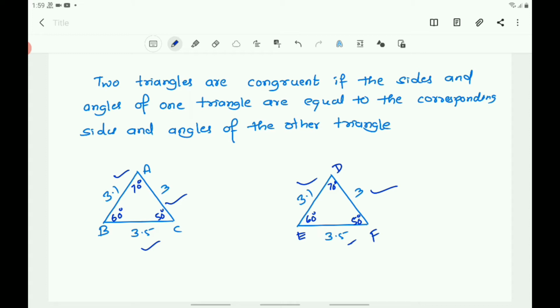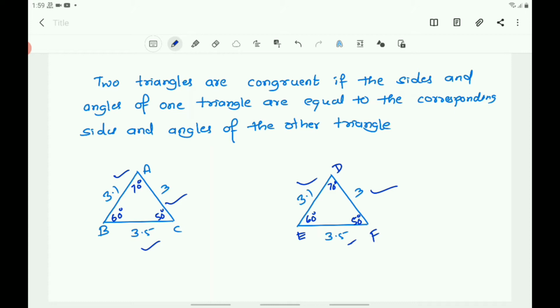Then if you place triangle DEF on triangle ABC, or triangle ABC on triangle DEF, they coincide with one another, means they completely cover. AB, DE is one pair of corresponding parts, BC and EF the second pair of corresponding sides, and AC and DF the third pair.